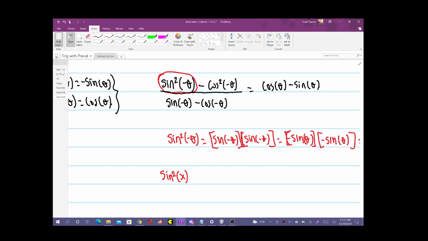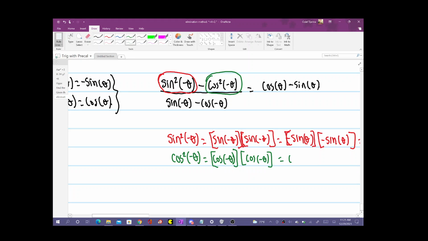And then for the next one, cosine squared of negative theta. This is equal to cosine of negative theta times cosine of negative theta.